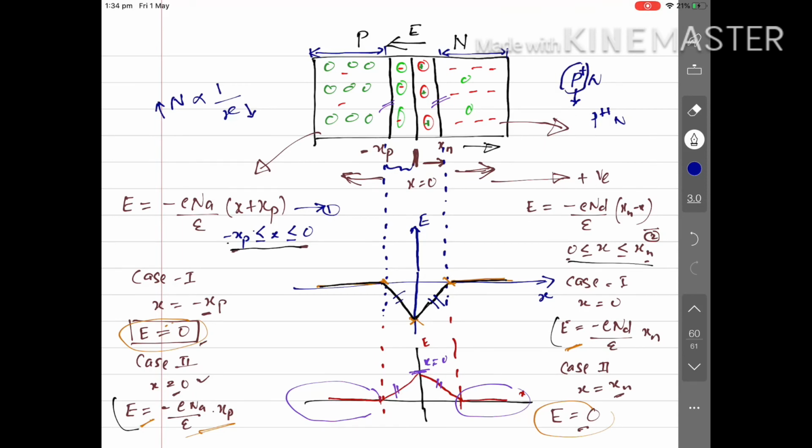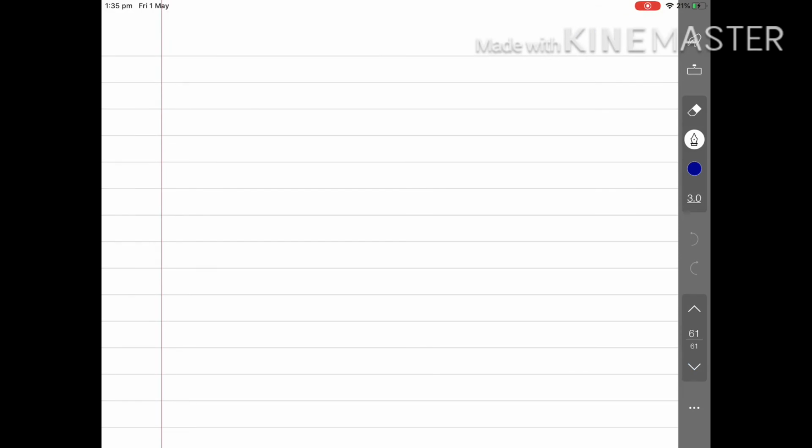So in case of p plus n, p plus means higher doping. If the doping is higher in the p region, the depletion width will be lower toward the p side as compared to the n side. So let me draw the graph for p plus n.